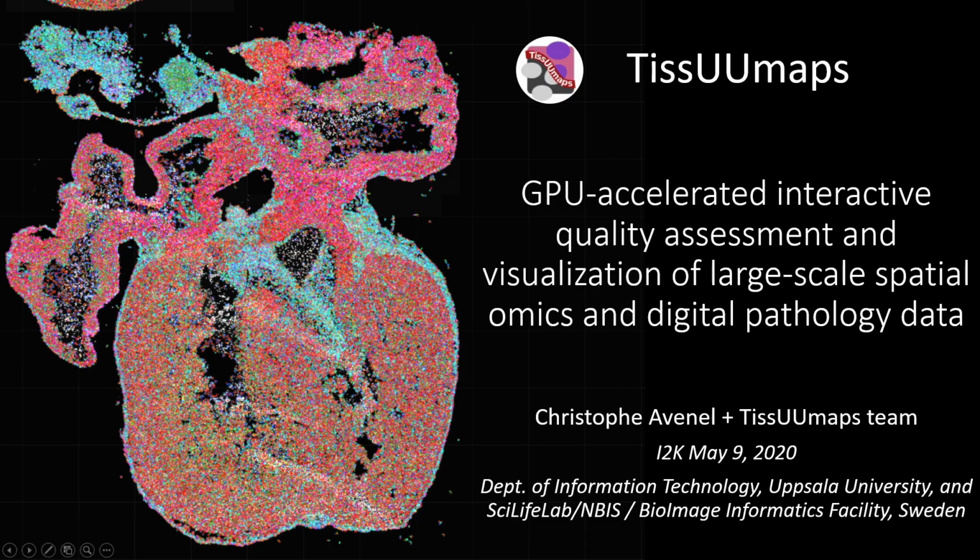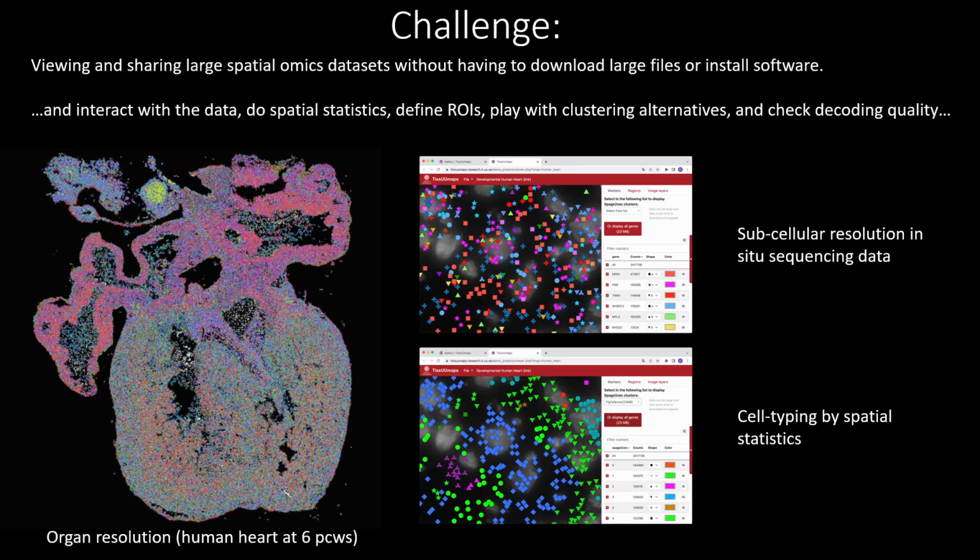So that's a short introduction. And what is the challenge with TissUUmaps? Well, we want to view and share images that can be quite huge. They can be 10,000 pixels wide or 100,000 pixels wide. And then we want to be able to zoom in on these images.